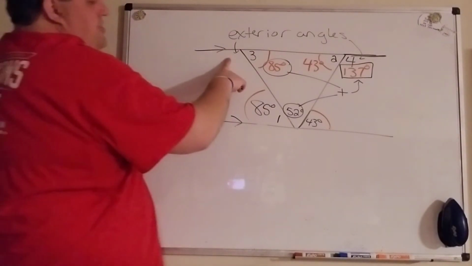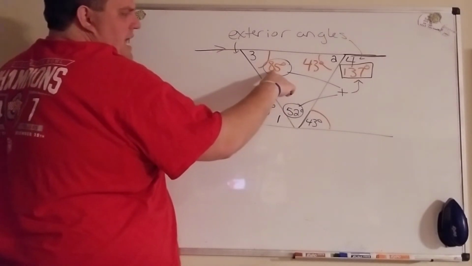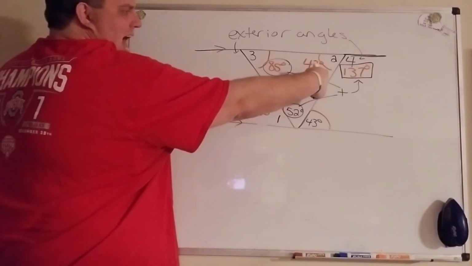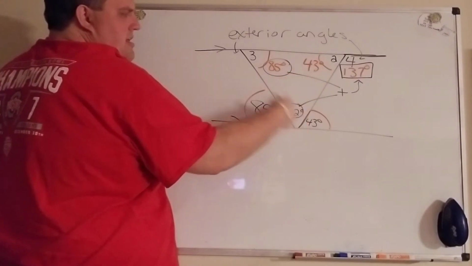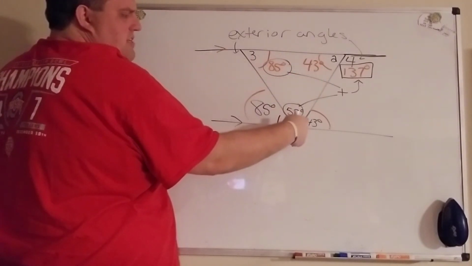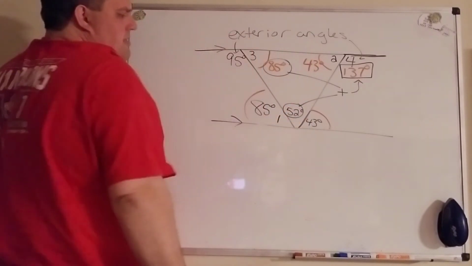We didn't find this one, but if you want to see how big this would be, we can do 180 minus 85, or we can just add up the 2 remote interiors from it. So here's an exterior. If we do 43 plus 52, that's going to be 95 degrees.